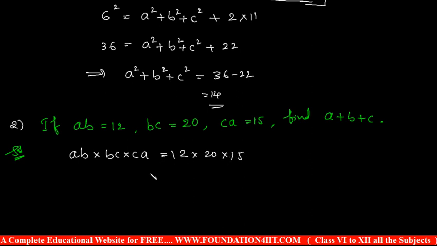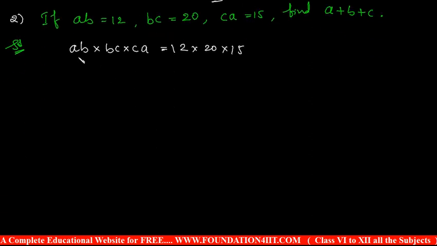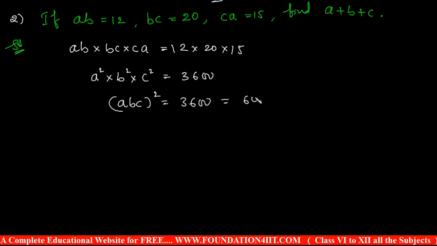We need this because I need to find a into b into c, and only then can I get a plus b plus c. Everything appears 2 times, so we get a square into b square into c square. 12 into 20 is 240, 240 into 15 is 3600. So (abc) whole square is 3600, which we can write as 60 whole square.